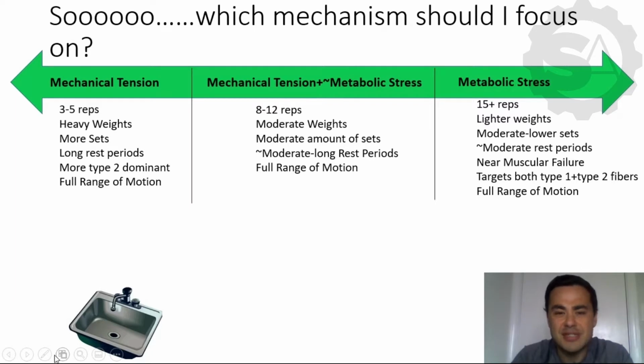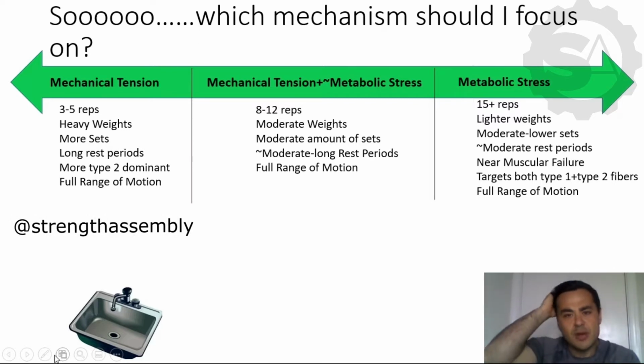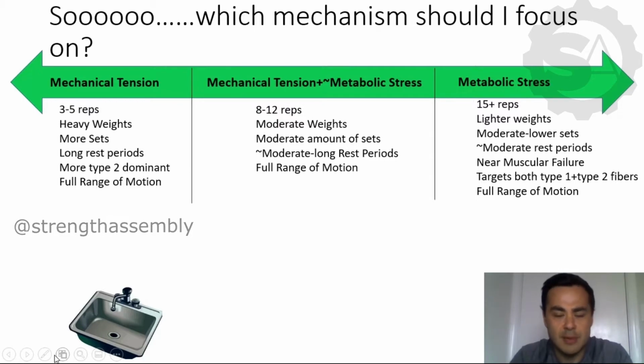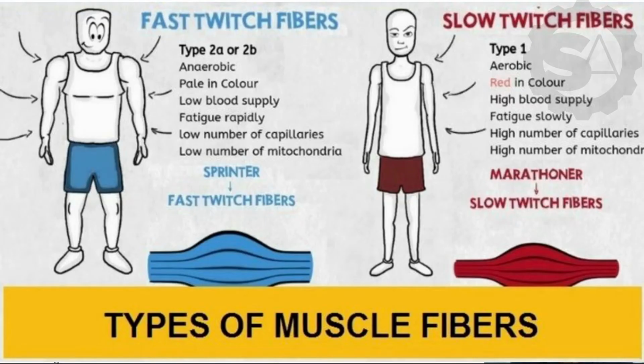Think heavier stuff in general. Heavier weights, more sets, probably longer rest periods. The big thing with this is that it's probably going to be a little bit more type 2 dominant. We look at muscle fibers, type 1 fibers and type 2 fibers. Type 2 fibers are typically the ones more responsible for anaerobic stuff, strength and power type activities.